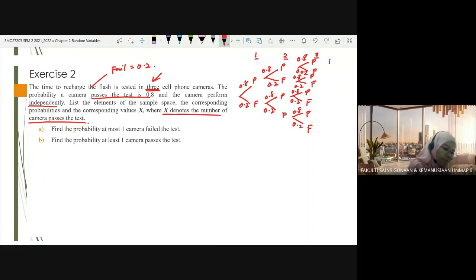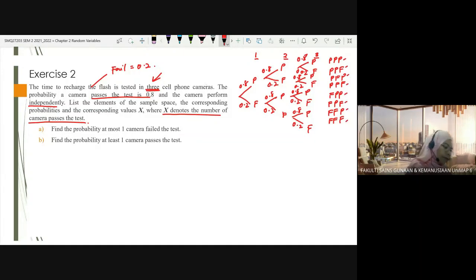So you will have PPP, PPF, PFP, PFF, FPP, FPF, FFP, FFF. Should be 8: 1, 2, 3, 4, 5, 6, 7, 8.